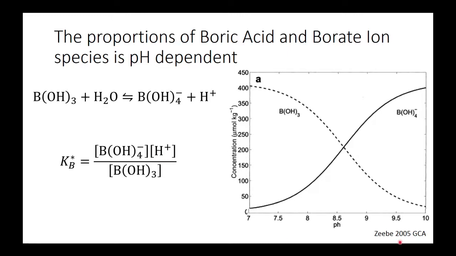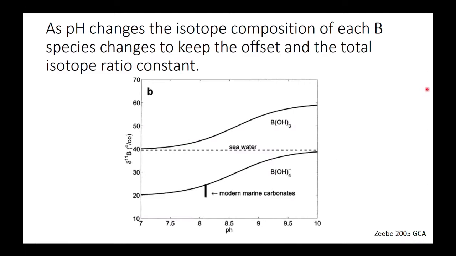That means if you look at a range of different pHs, at low pH we have more boric acid, and at high pH we have more borate ion. The effect this has on the isotopes is quite important. It's not profound, it's just isotope geochemistry.